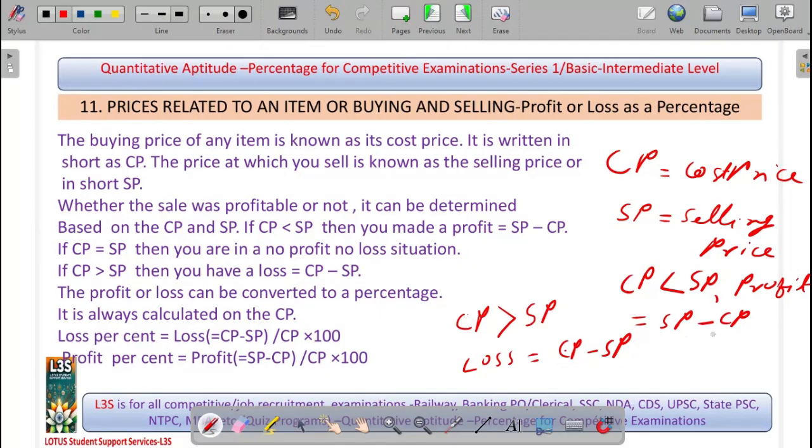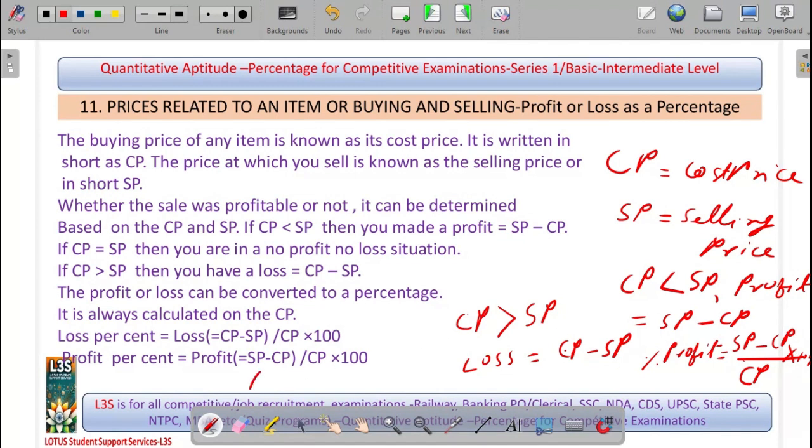Now, how much percentage profit and how much percentage loss? How will we find out? So percentage profit will be SP minus CP by original price, and original price will always be CP, cost price. You have to remember, into 100%. That is profit percentage.